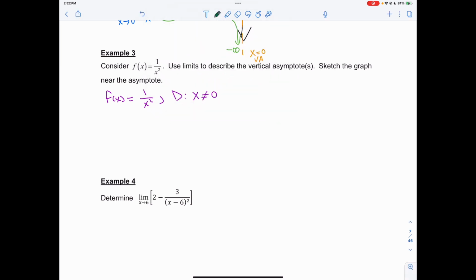So I'm going to say that the limit as x approaches 0 from the right for 1 over x squared is going to equal, well, if I did 0.000001 or got a smaller and smaller number, we know that that's going to give me positive infinity.